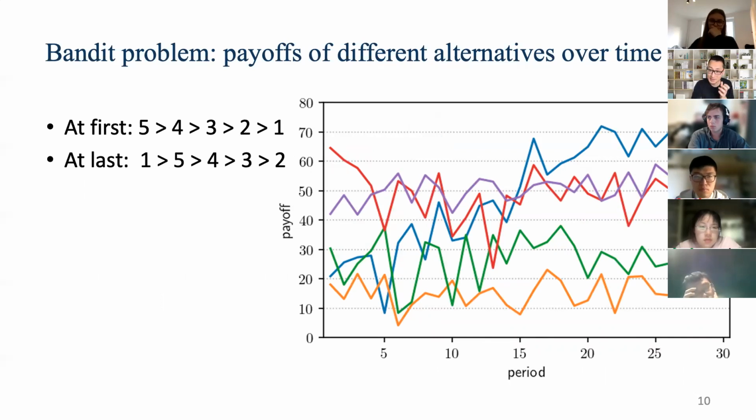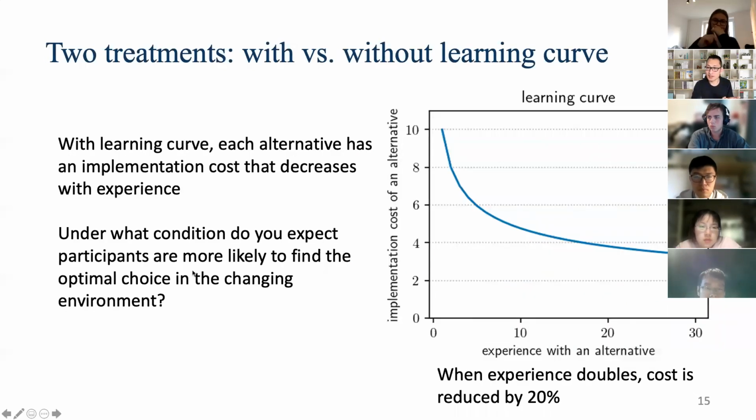So the question I'm asking is, under what condition, with or without learning curve, do you expect yourself and other classmates would be more likely to find the optimal choice? Is the question clear?